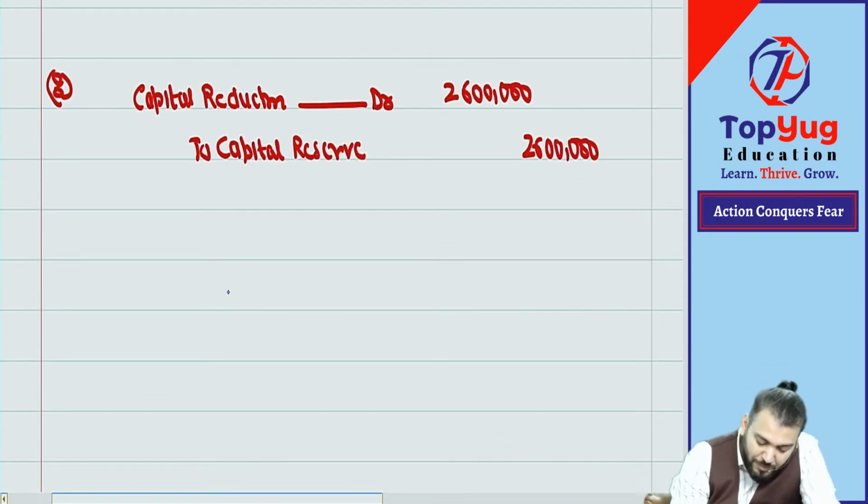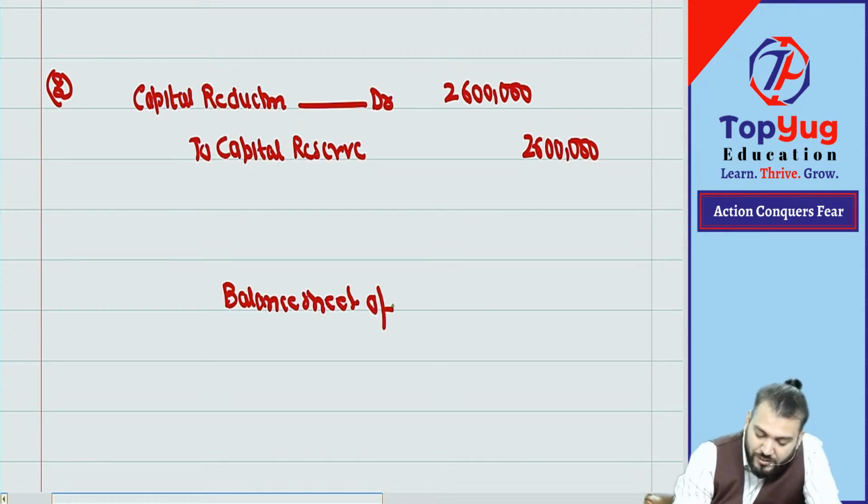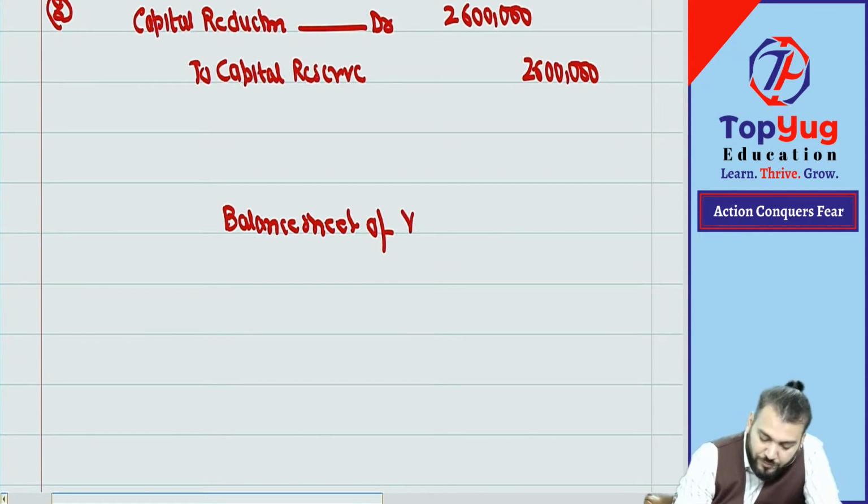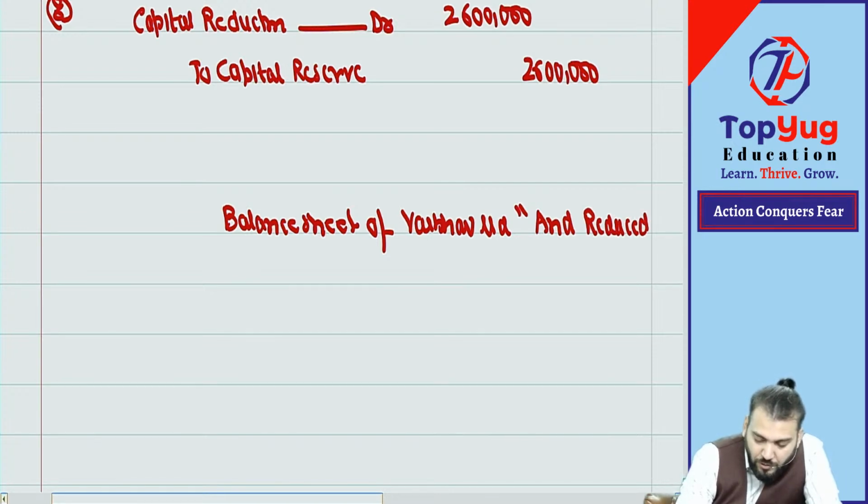Now let us prepare the balance sheet. The balance sheet we are preparing only for practice. Balance sheet of which company? Vaibhav. What should we write after the name? Always you should write it, okay? If you are not writing, they may deduct marks.